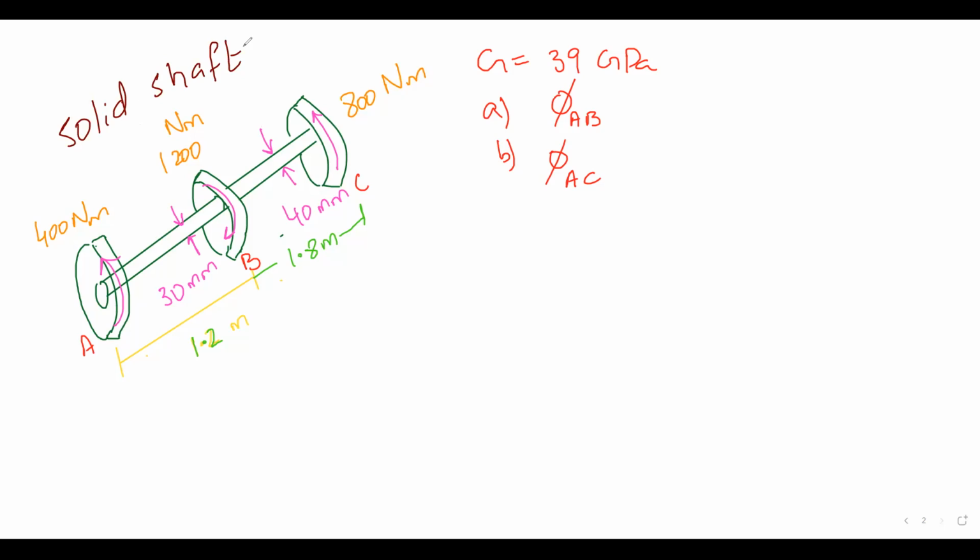Again, this is a very basic thing. You wouldn't have even noticed it. When you talk about shear stress, you do T R over IP, right? What is that torque? Of course, a reaction. Stress is a reaction.